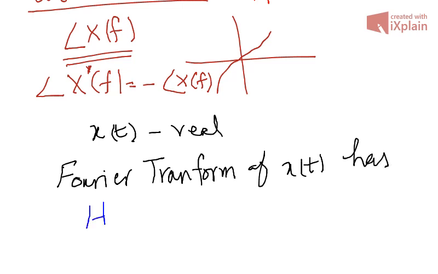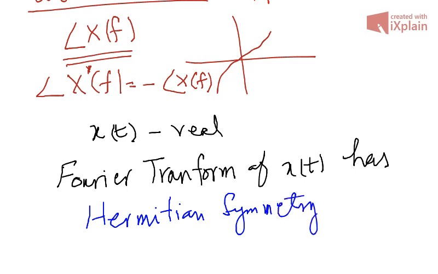Now, what do we mean by Hermitian symmetry? We say X of minus f is equal to X conjugate of f.